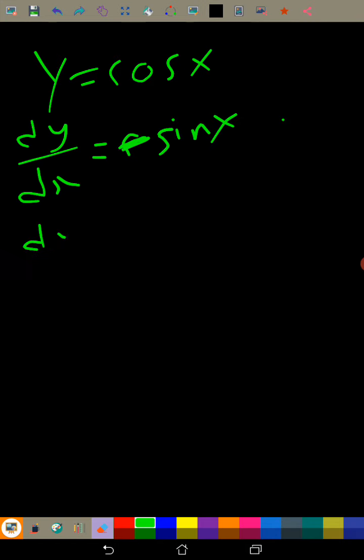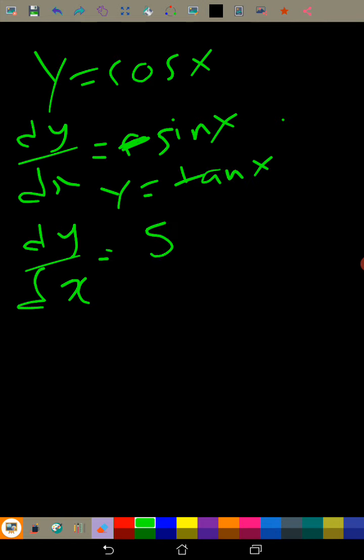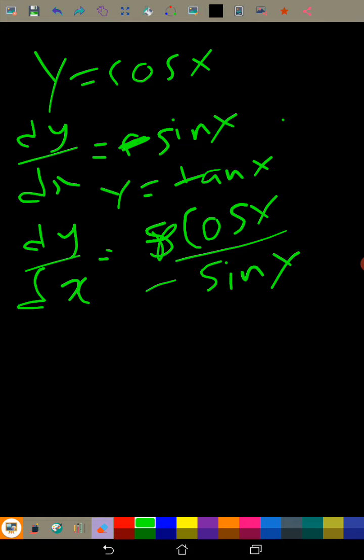and dy by dx, for example, for tan x, if y is equal to tan x, it's going to be cos x over minus sine x, which is minus cot x.